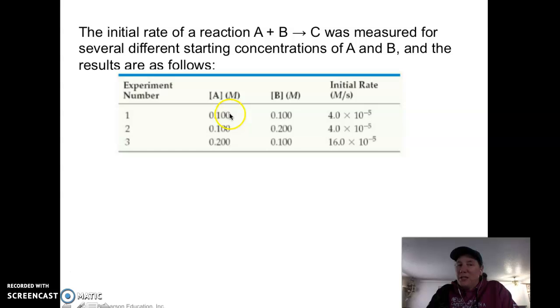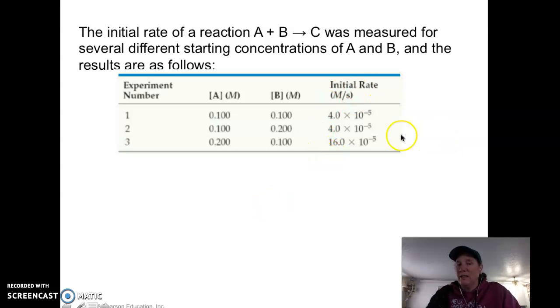If this doubles and this doubles, then you know it's a 1. And if this doubles and this quadruples, then you know it's 2. And again, if we were doing a reaction order of 3, if this doubled, this would be 4 to the 3rd power, so 4 times 4 would be 16 times another 4.